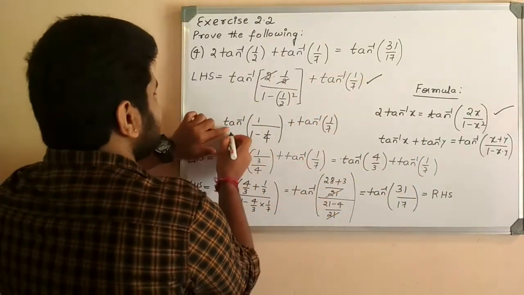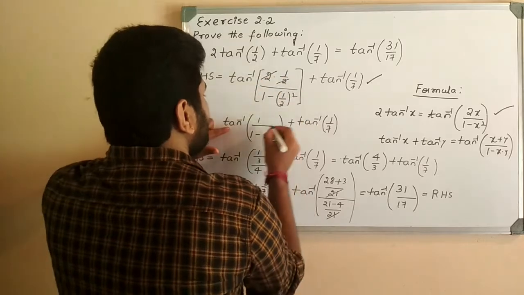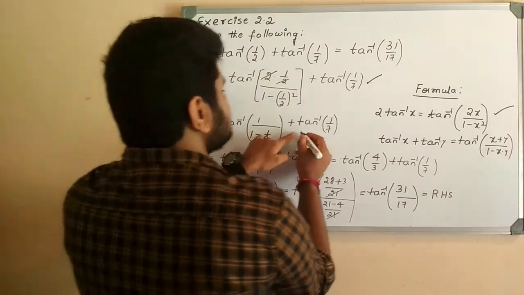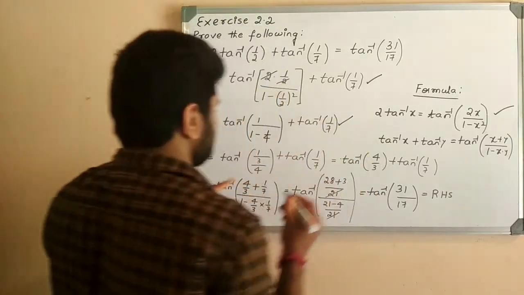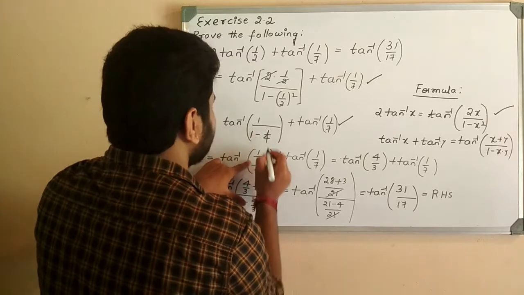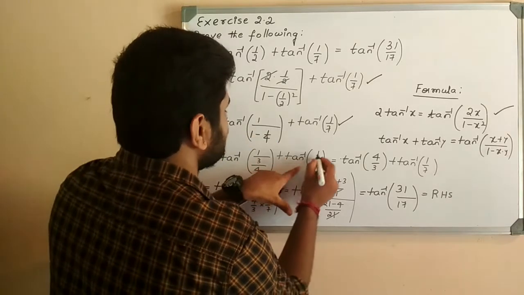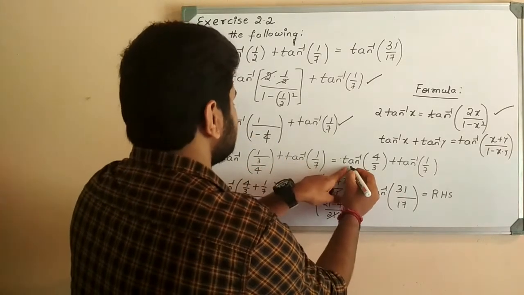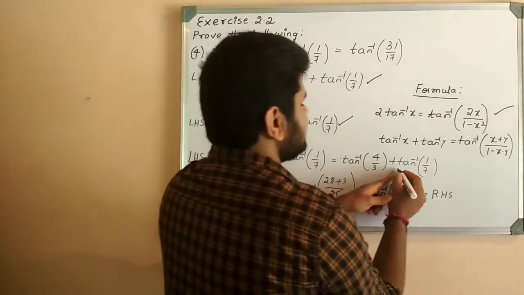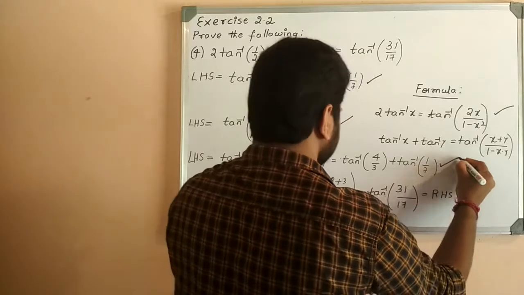So next, tan inverse of 1 divided by 1 minus 1 by 4, which is 3 by 4, plus tan inverse of 1 by 7, which is equal to tan inverse of 4 by 3 plus tan inverse of 1 by 7.